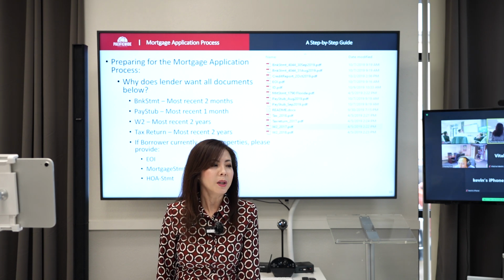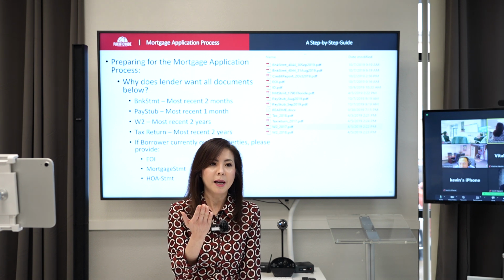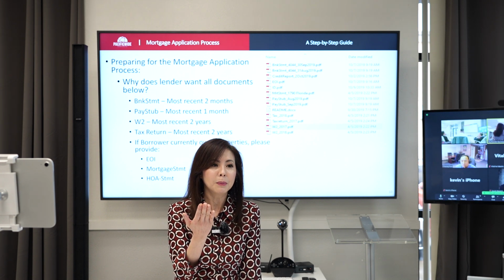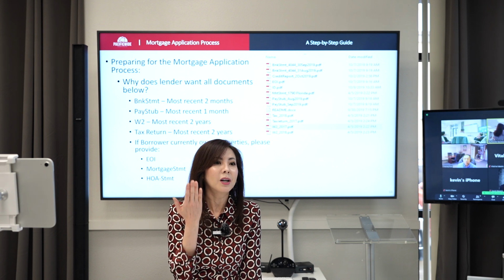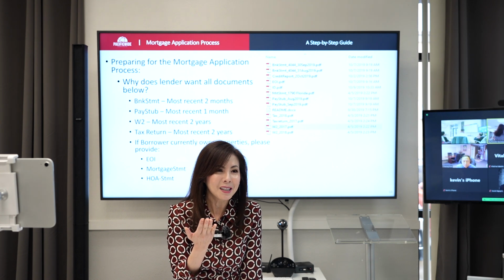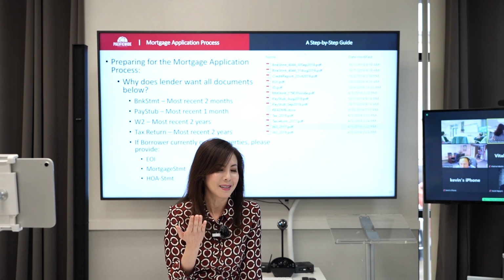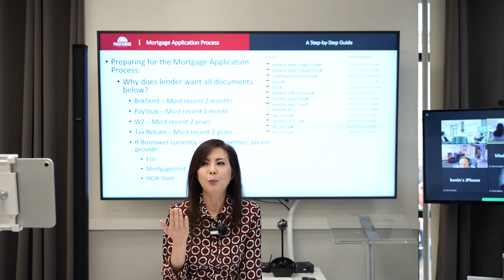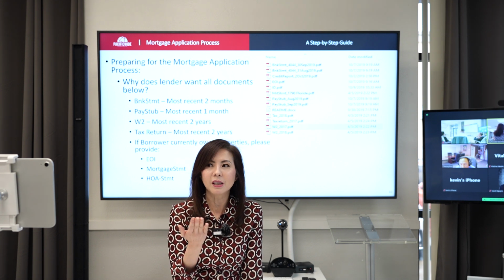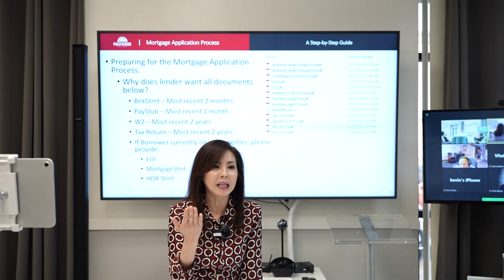Mortgage statement, why do we need the mortgage statement? Let them look at the mortgage statement. They will know whether the client is paying the monthly mortgage on time or not. Because if it's not on time, it shows right away, the late fee, whatever, on the statement. That's why they ask for the latest mortgage statement. So when our loan department receives a mortgage statement, we have to read it to find out if they have any late payment.